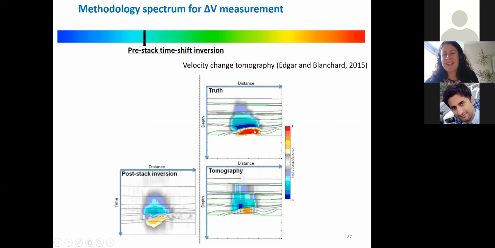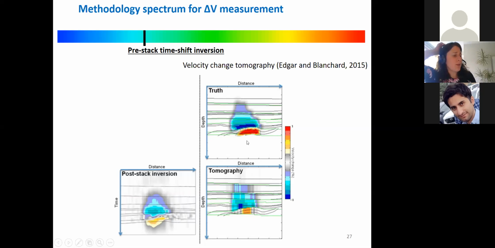Then what they show is if you do post-stack inversion, this is what you invert, and if you use their tomographic algorithm, you invert for that. Okay, so two main differences. Spatially, there is better correlation. And the second aspect is the actual magnitude of the velocity change is more accurate.